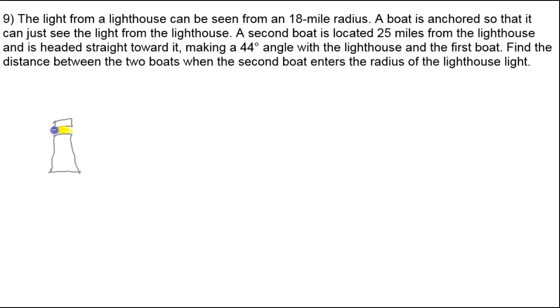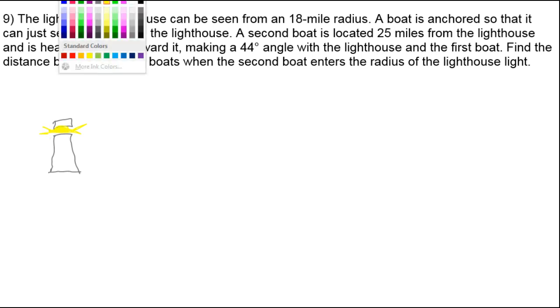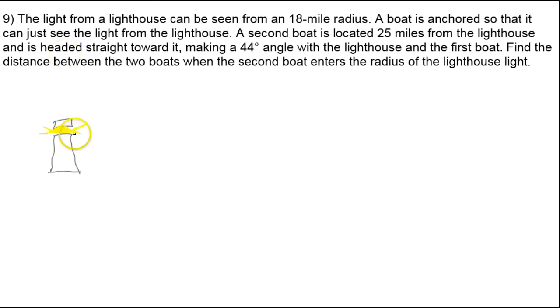There's going to be a bunch of light coming out of this lighthouse. So there's my lighthouse. And there are boats and things, so this lighthouse must be over on the shore. So there's my lighthouse on the shore.